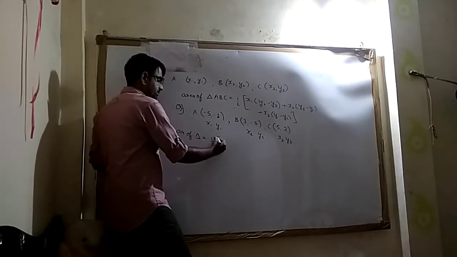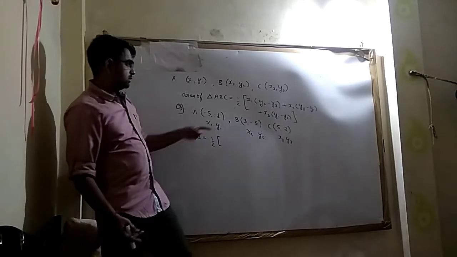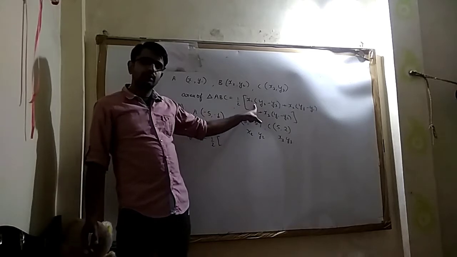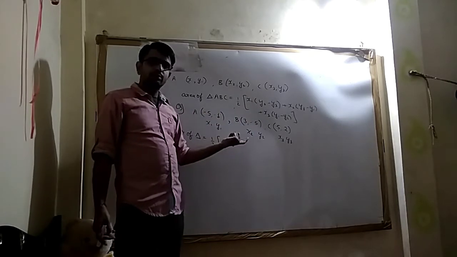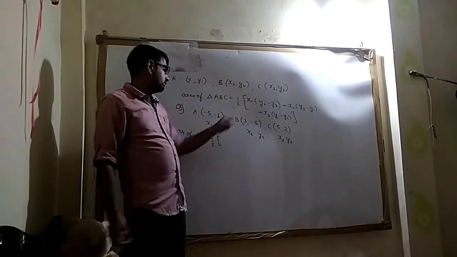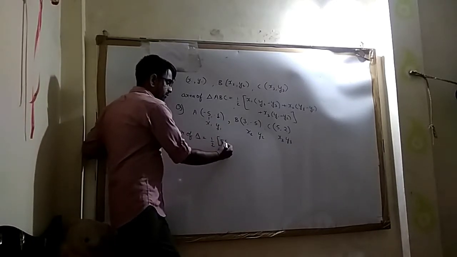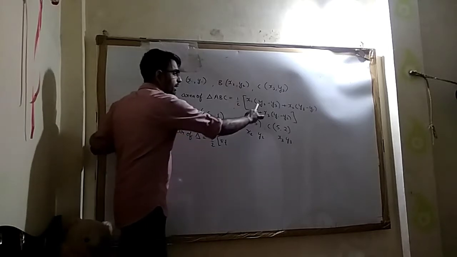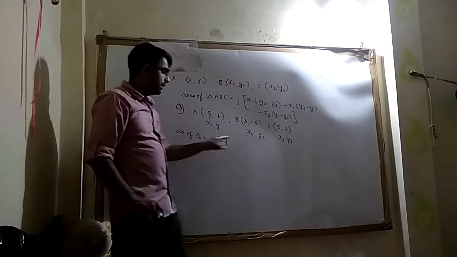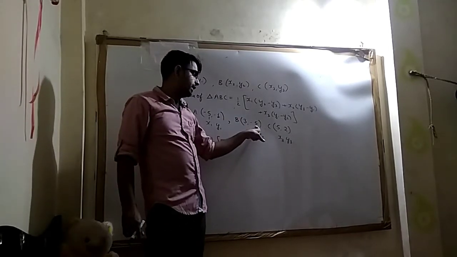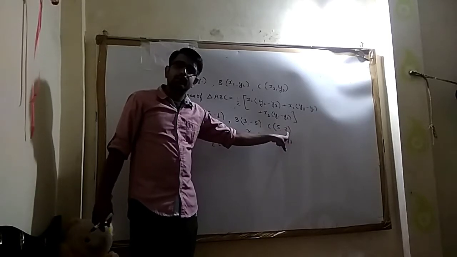Half. Now see, just write down the formula and substitute the value. What is here x1? x1 is 5, so 5. Then y2 minus y3, the value of y2 is minus 5 and the value of y3 is 2.